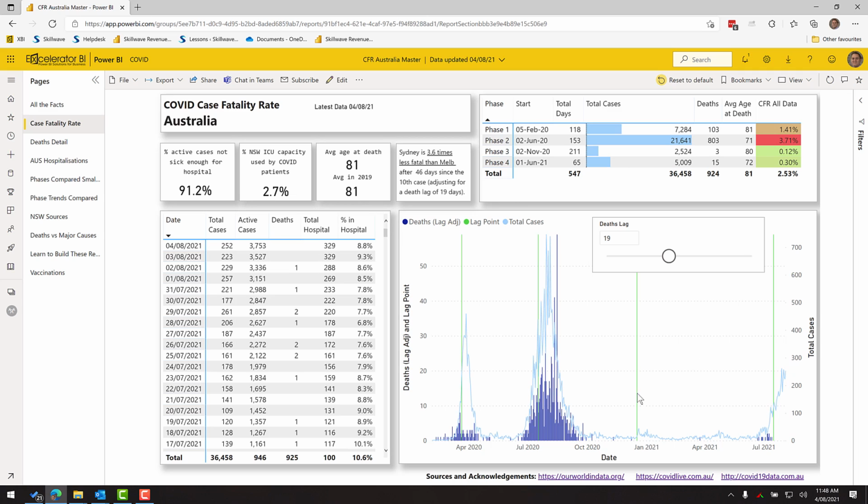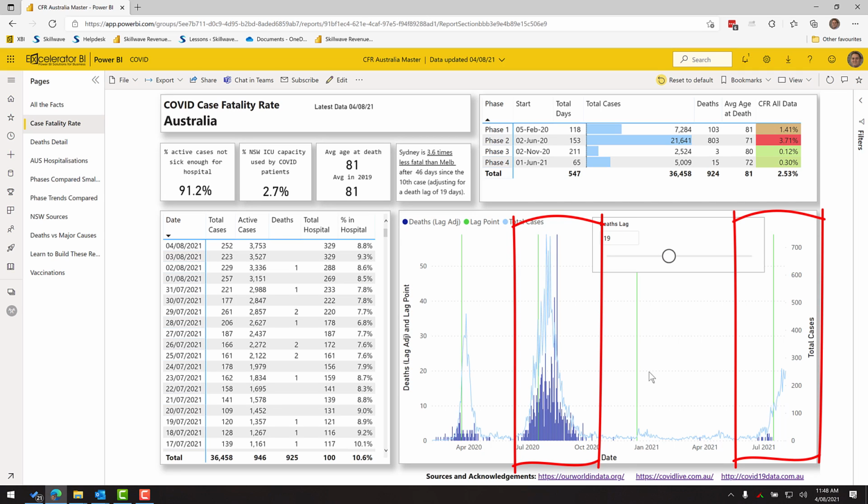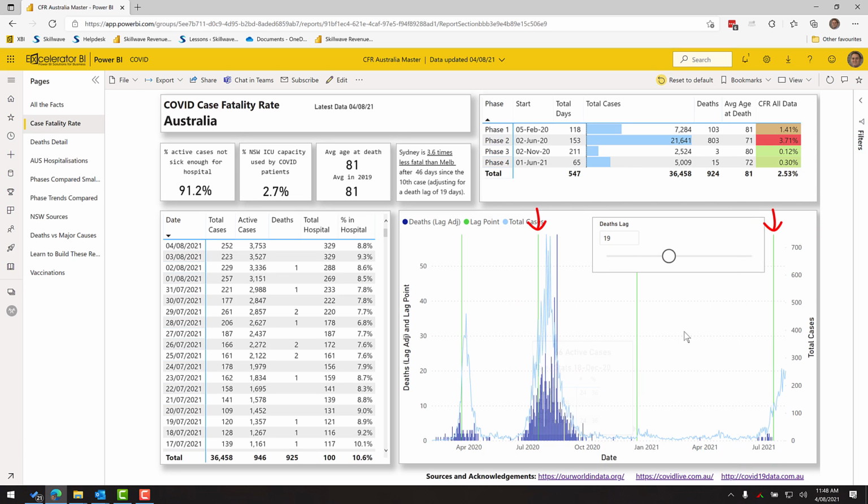And in fact, if I just clear this chart, I've done the same thing for every single phase. So when I'm doing a comparison between phase 2, which is the Melbourne wave, and phase 4, which is the Sydney wave, I'm only looking at the data up until the green line, which happens to be 45 days in, so 46 days actually.